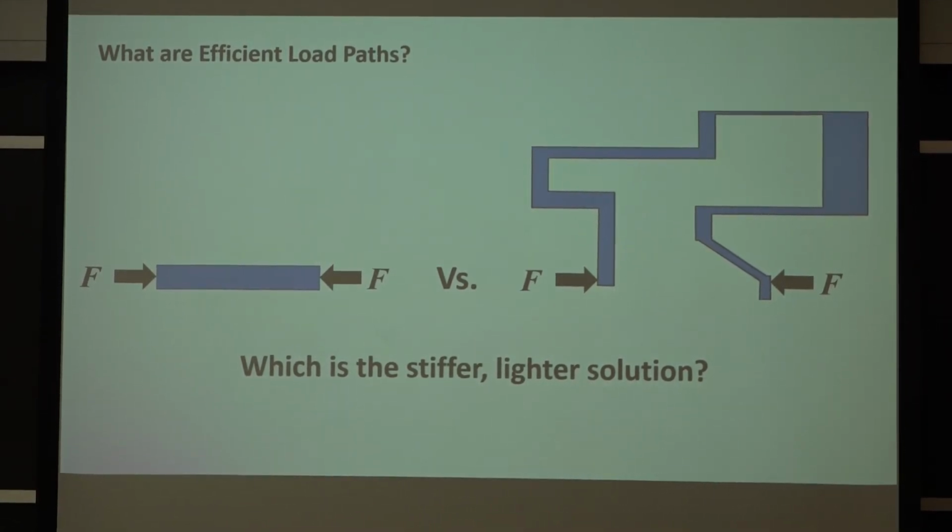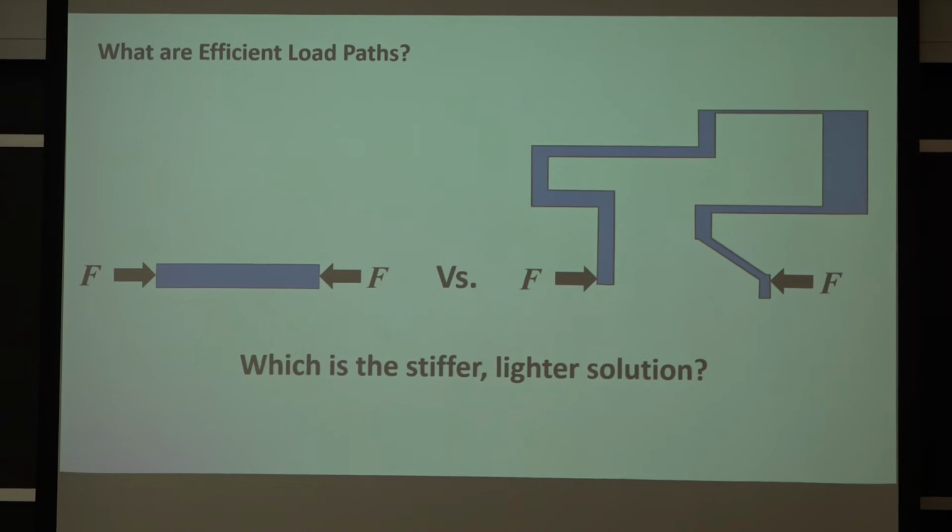So which one of these do you think would be heavier, the right or the left? Right, exactly. This one over here would be a lot heavier, because you'd have to put so much material in there to get equal stiffness. Because the load path is all jimmied up. It's indirect, it's dislocated. It's never going to be an efficient lightweight structure.